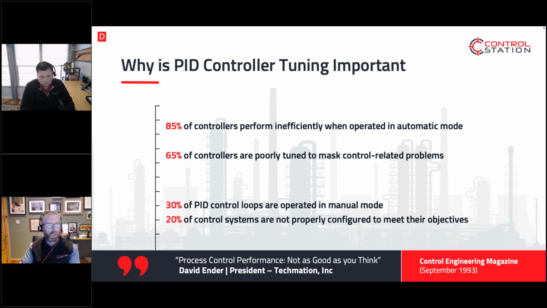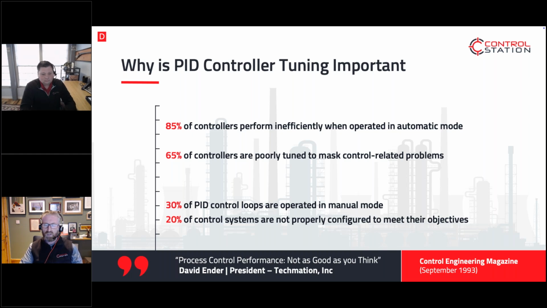Lovely. So just to kick off here, we're looking at some statistics. We've done some studies and there are some documents from the past; you can look down at the end there where the dates of these are. And you say, oh, what's that? That's nearly 30 years ago now, so that can't be the state. Well, if you think about those in your processes: 20% of systems are not properly configured.